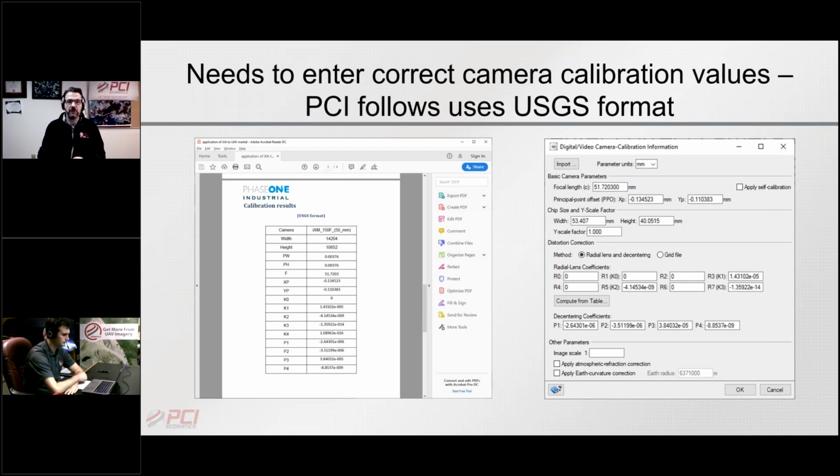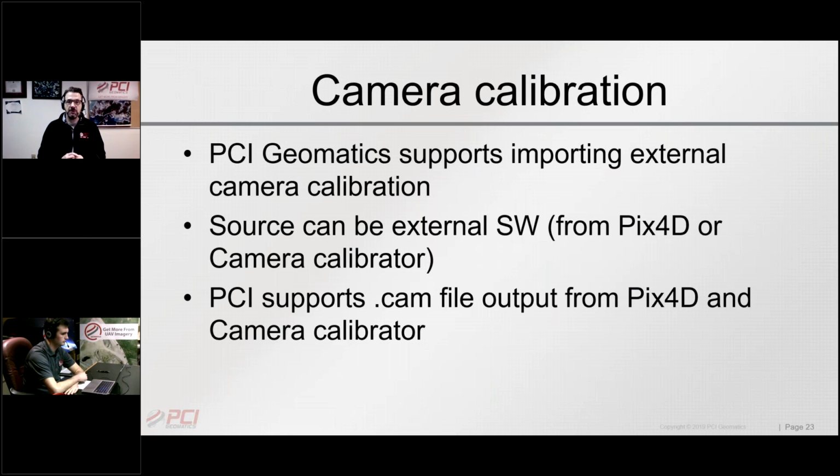And so we support external camera calibration, as I mentioned. It could be Pix4D or camera calibration software. We actually have some camera calibration software to recommend to you if you want to perform that kind of camera calibration on your specific drone.